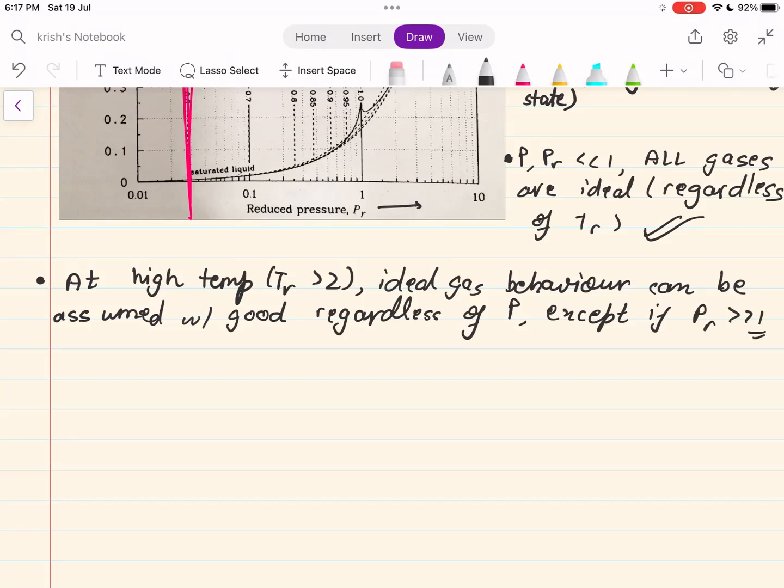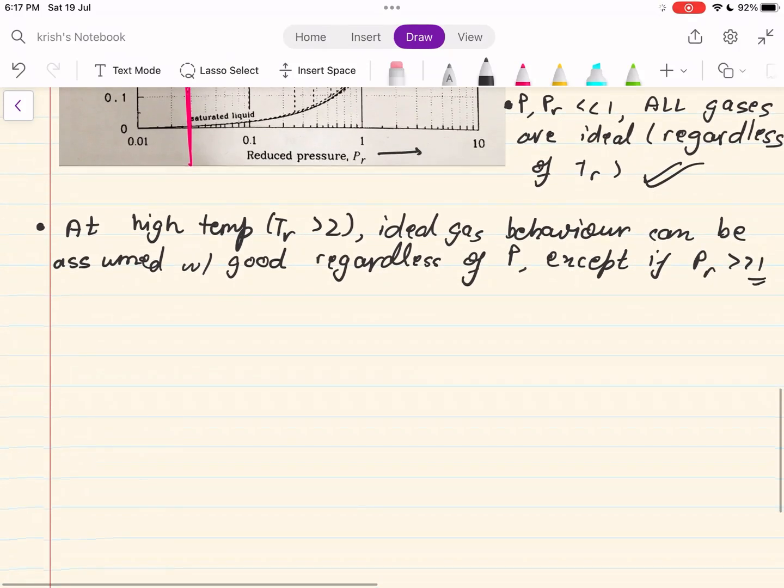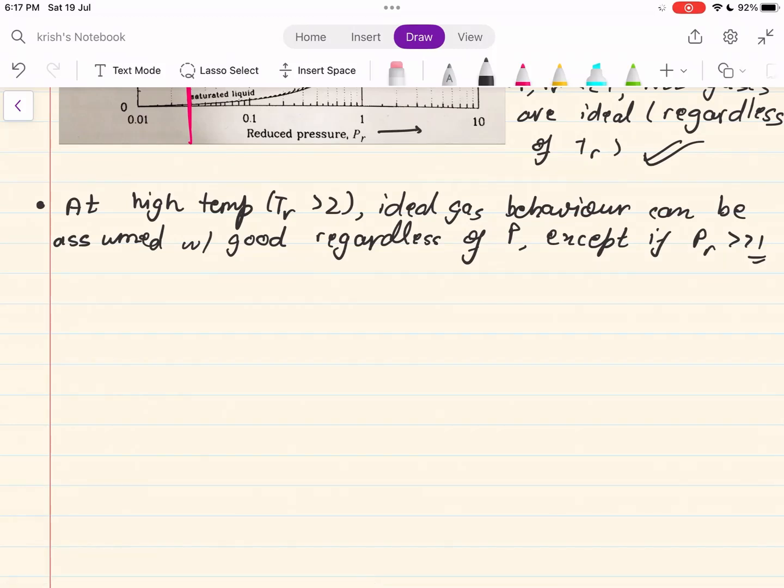Remember, 1, not 2. Again, this is something you can keep in your mind, but you don't necessarily have to remember it. And this next one you should remember.